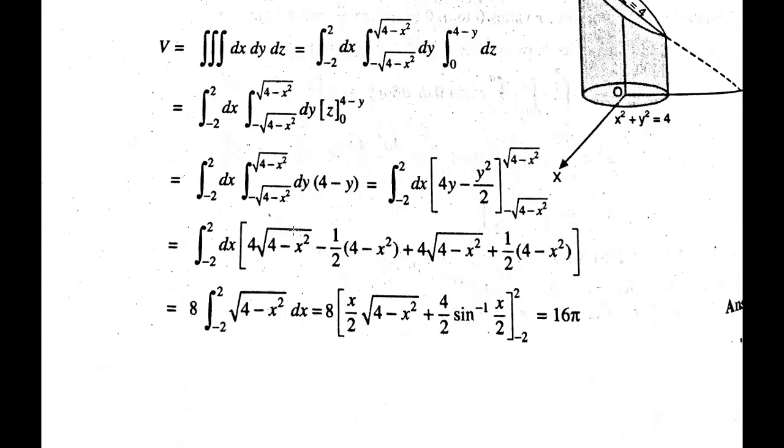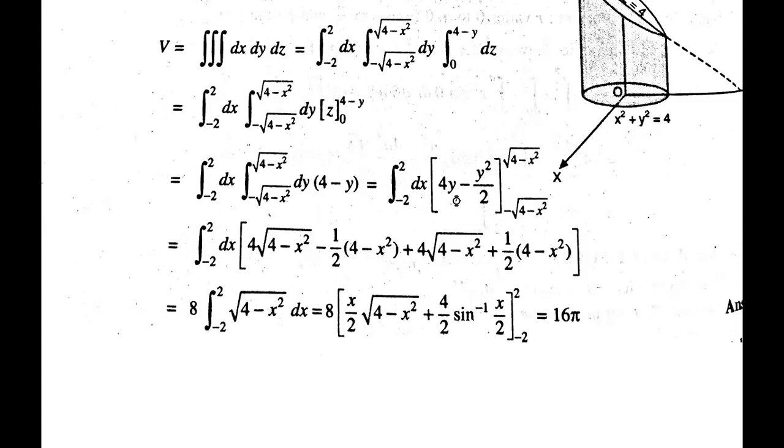So you can see that this integration minus this one plus this one and this one, so this will be cancelled out because y square by 2 is an even function, so it will be 0, and 4 minus x square dx. Now apply the a square minus x square formula, x by 2 times square root of a square minus x square plus a square upon 2 sin inverse x by 2, minus 2 to 2. So your answer is 16 pi.